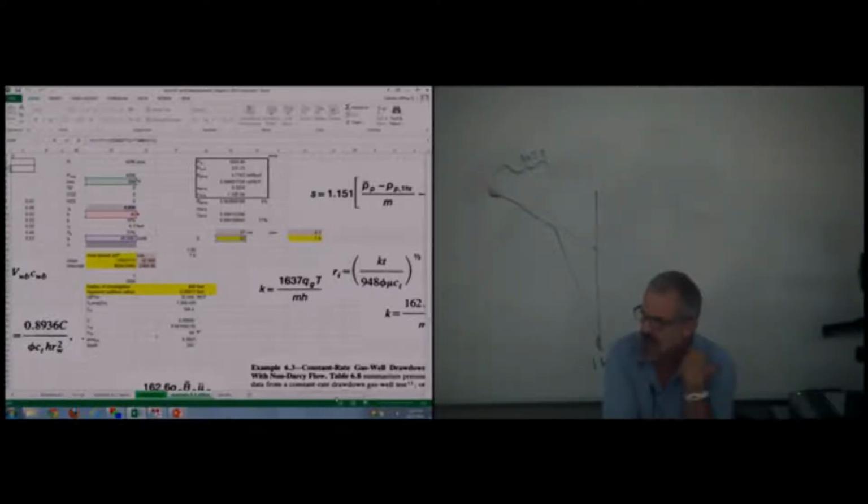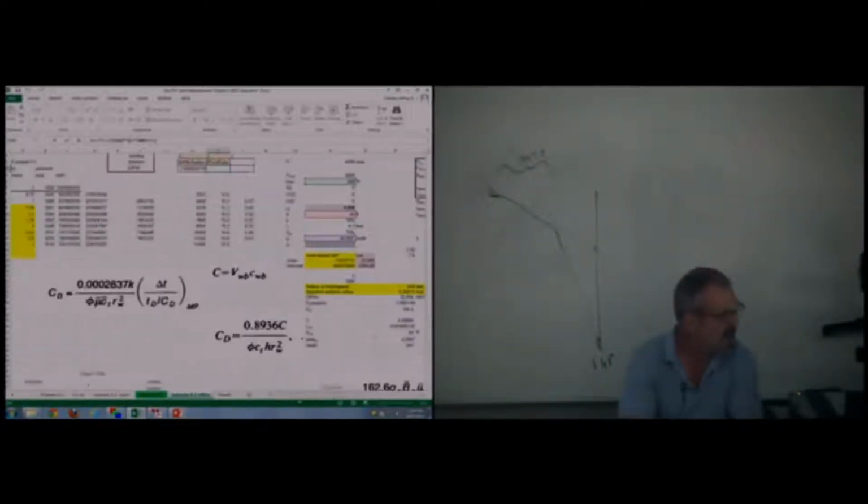Having done this, I'll briefly go through what I went through in this procedure. I can calculate a coefficient right here that converts my delta pseudopressure to dimensionless pressure.